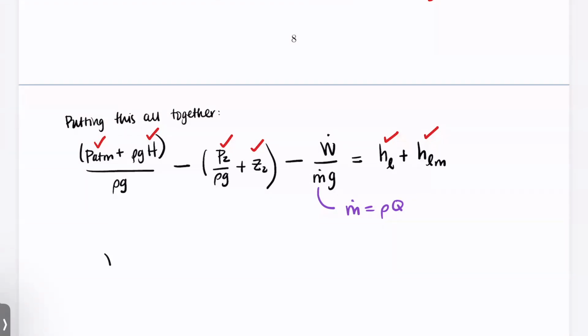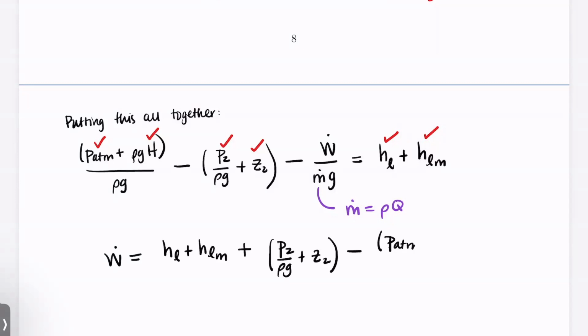All right, so we just solve for W dot and we get HL plus HLM plus P2 over rho g plus Z2 minus P atmosphere plus rho g h over rho g.